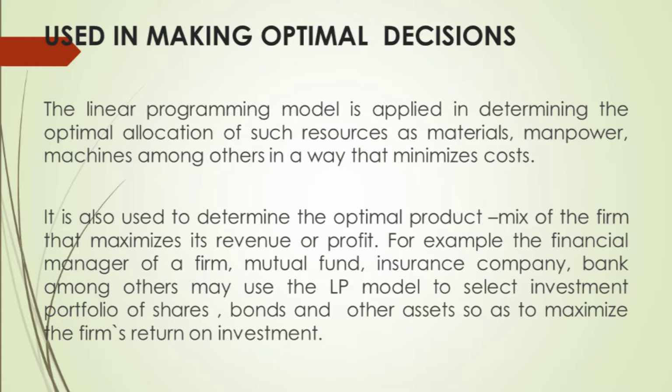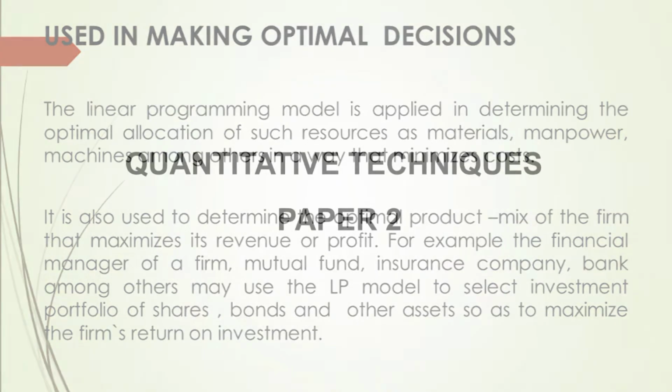For example, the financial manager of an insurance company or bank can use the linear programming model to select the investment portfolio of shares, bonds, and other assets, so as to minimize the risk for a given return on investment. So you look at the combination which can yield the maximum profit.